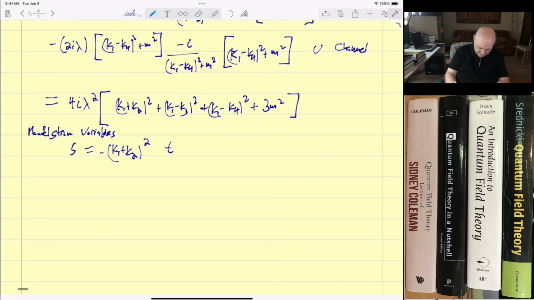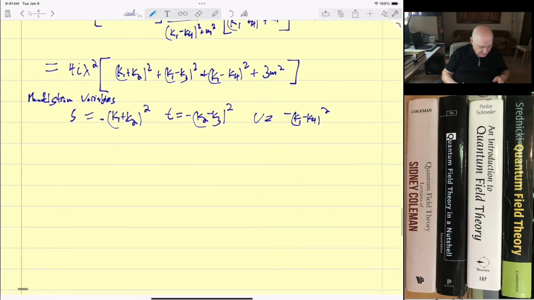And because we're using a certain metric, we have minus signs here. Another typo here.